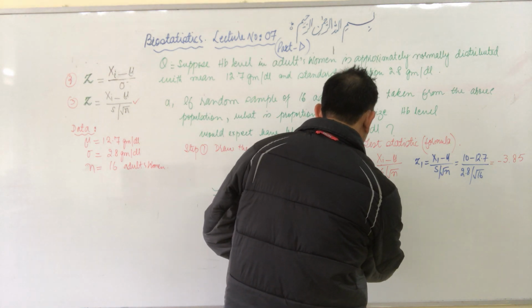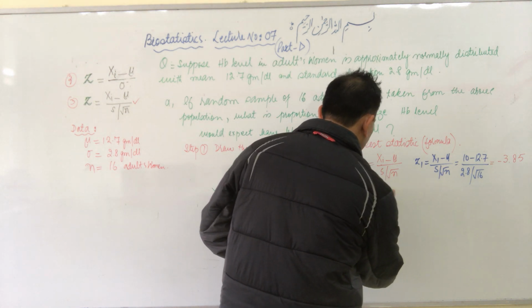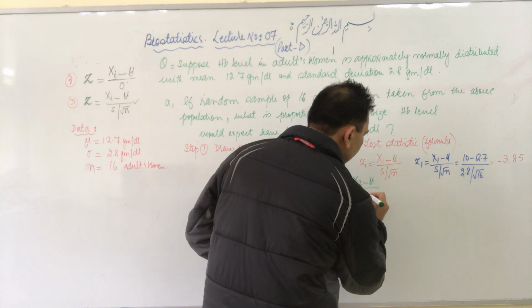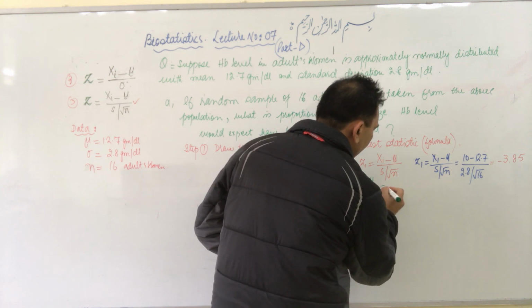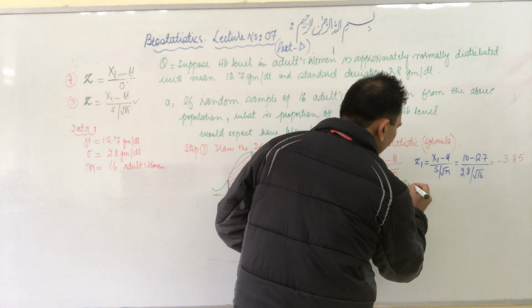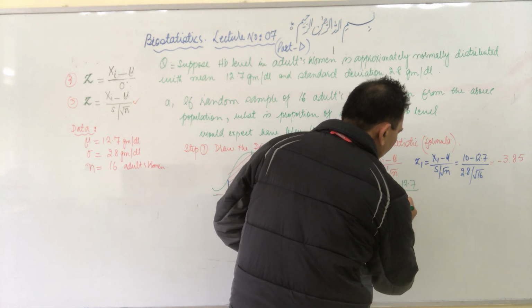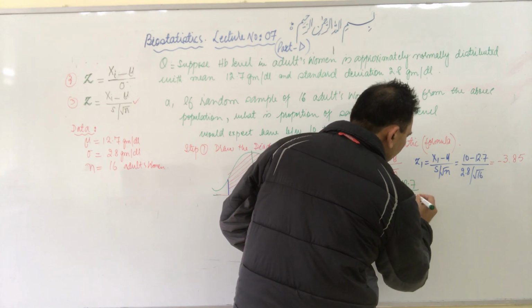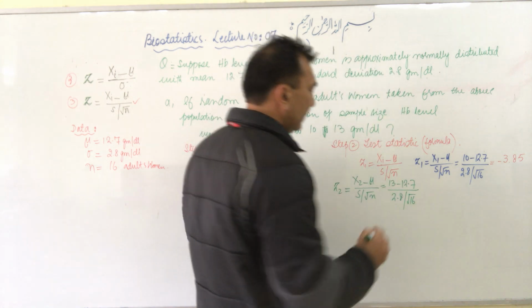Z2 is x2 minus mu divided by standard deviation divided by square root of n. Again, 13 minus 12.7 divided by 2.8 divided by the square root of 16.